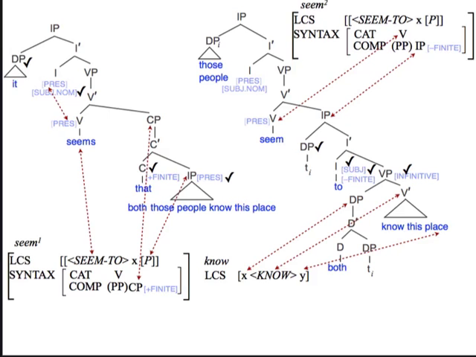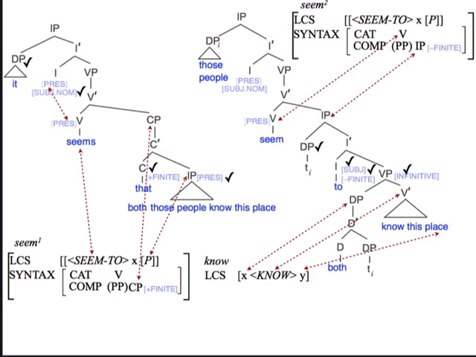So this is the kind of evidence that one would use to motivate the general principle. The arguments of a predicate go into either specifier or complement slot within the phrase that is projected by that item, right?